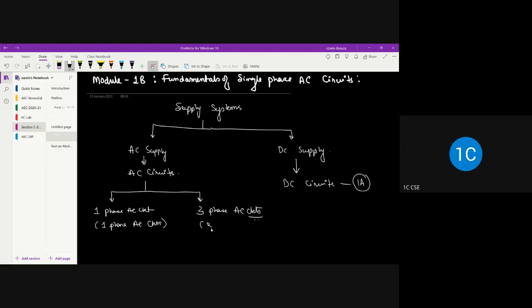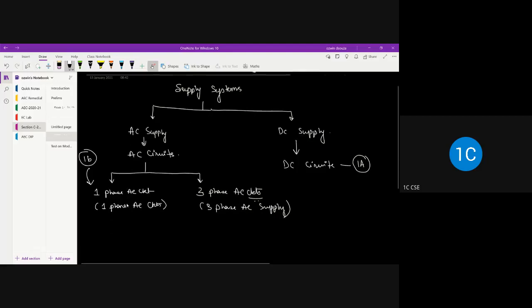They work on 3-phase AC supply. So in this particular module, we are going to talk about this portion. This is module 1B, wherein only fundamentals of single phase AC is dealt. And as an extension to this, you have module 2A, in which a little more in-depth analysis of electrical circuits will be carried out.